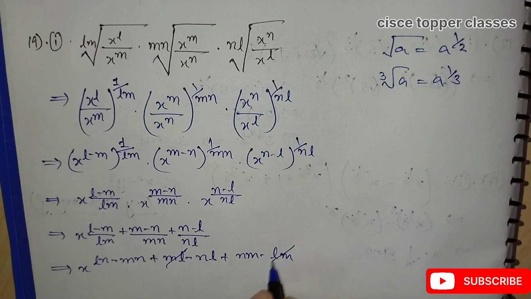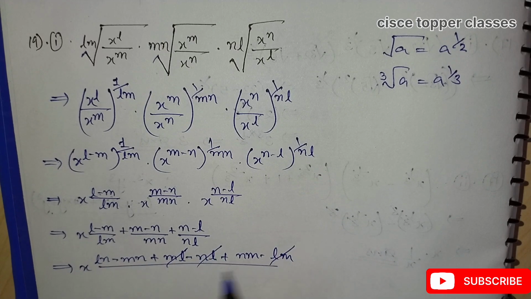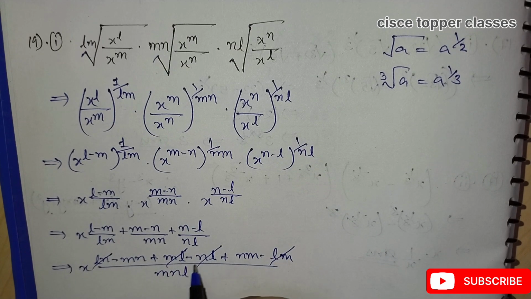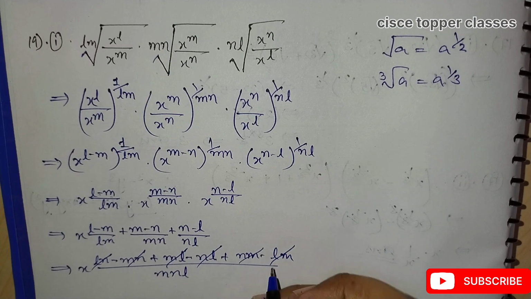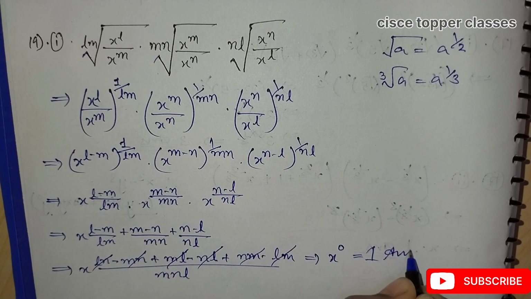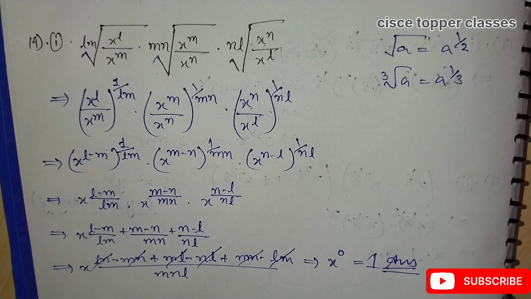So this will be cancelled out from here, this all will also be cancelled out, and here it is mnl simply. So nl will be cancelled out, and again ln and mn will be cancelled out. So here we will get x to the power 0, as answer 1. So this is the final answer of the 19th first part.